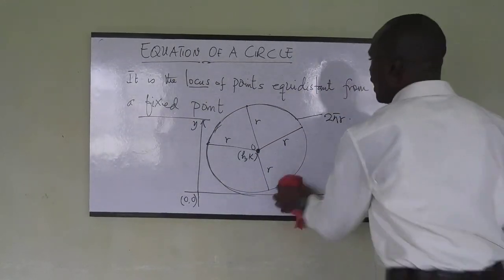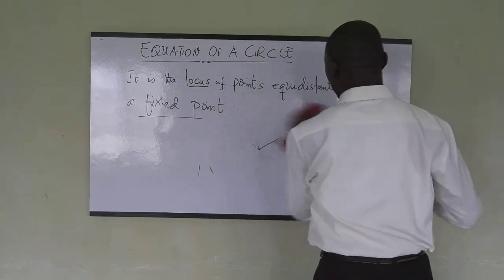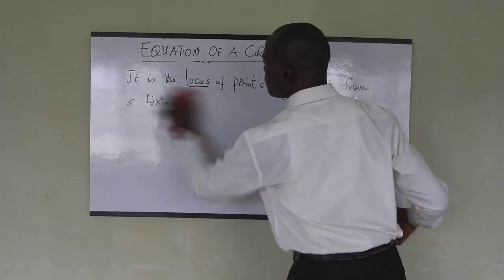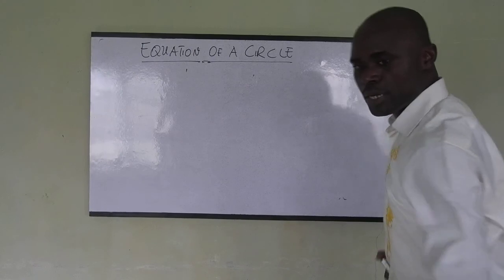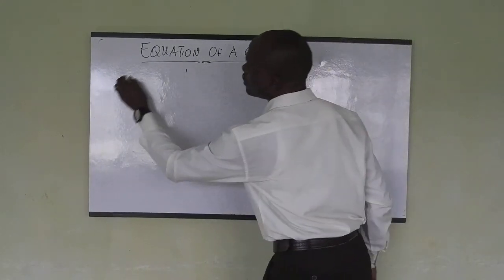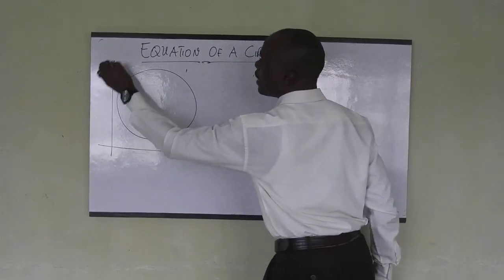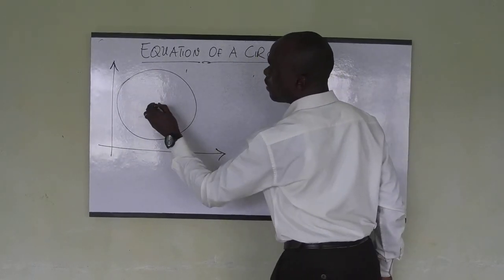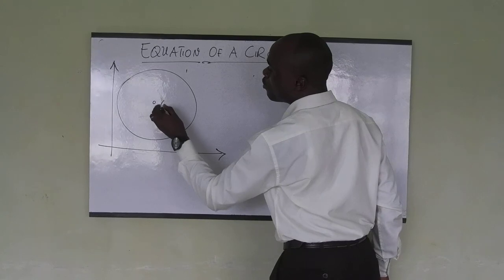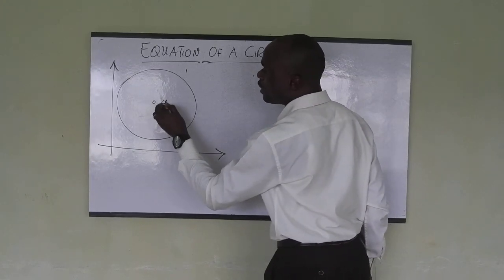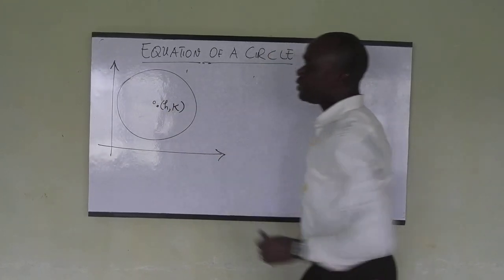We get that by, I'll have to draw another circle. Please permit me. Okay, so I have a circle. I fix it in a plane. This is the center of the circle. I'm going to give the center a coordinate called (h, k).